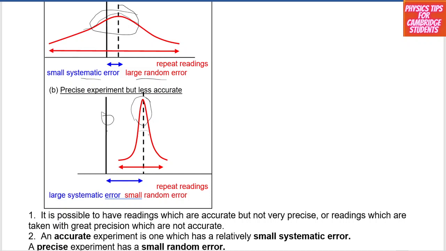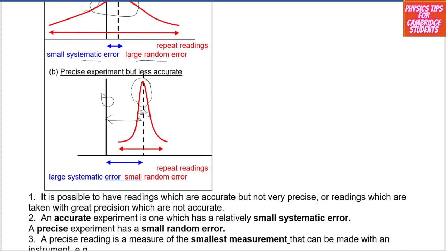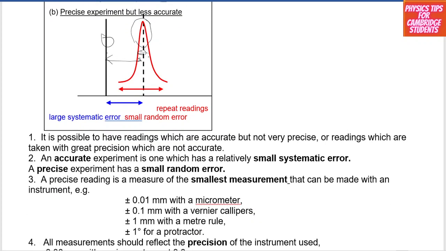But we've got a large systematic error because the mean of those values is far away from the true value itself. So it is possible to have readings which are accurate but not very precise, or readings which are taken with great precision which are not accurate.